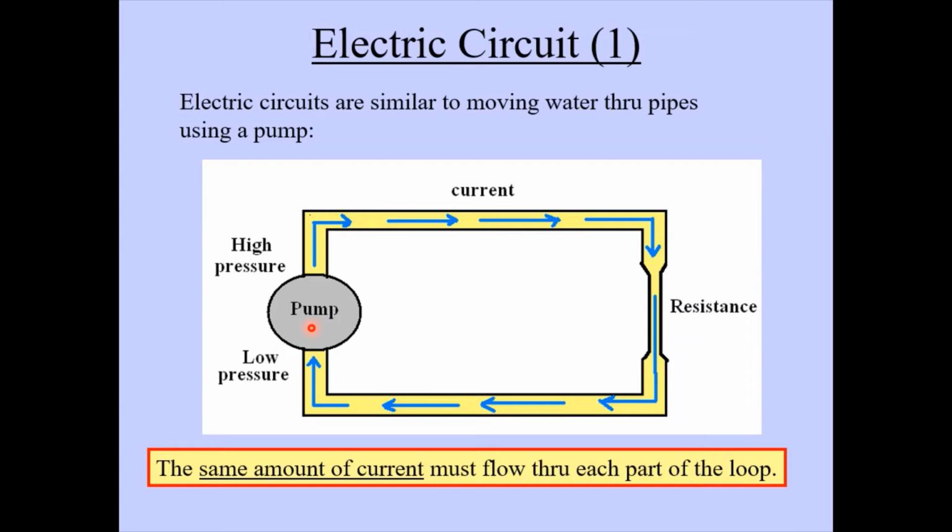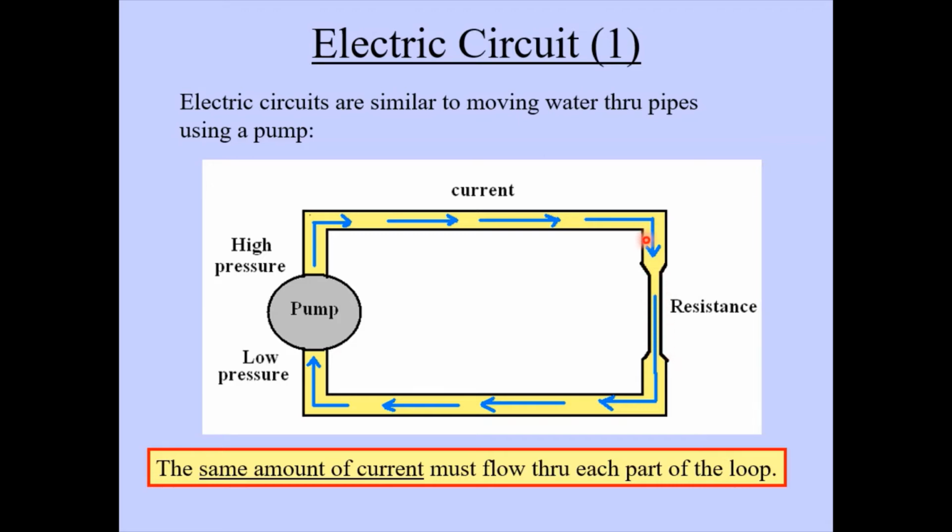The way the pump works is it creates high pressure on one end of the pump that pushes the water in this direction. Now remember, the flowing water makes a current. So this is not electric current, obviously, this is water current, but it's the same kind of idea. The water then flows through here, and notice here the pipe or the tube becomes narrower.